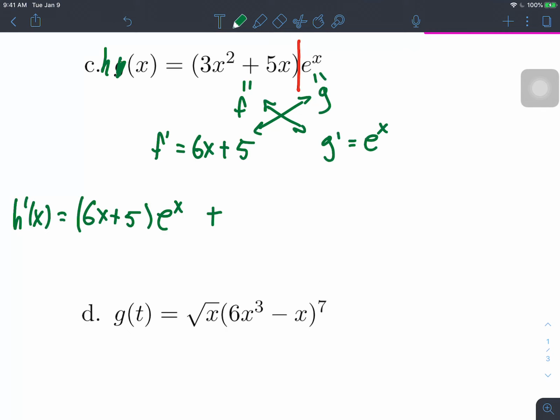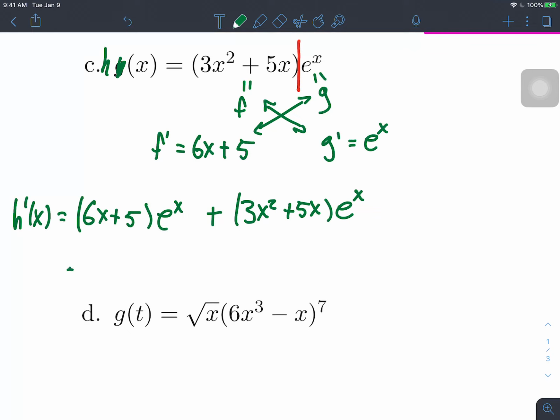Now I add. Now should come regular f multiplied by the derivative of g. Now we have a common factor here of e to the x. So we could pull it out as a GCF.